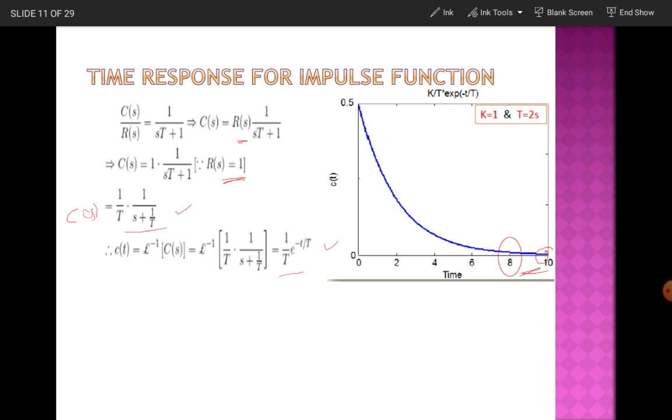Then we discussed the type and order of a system. Then we discussed the various test signals. Finally we derived the time response of a first order system with step, ramp and impulse inputs. You can follow the same procedure to find the time response of a first order system for parabolic and sinusoidal inputs also.